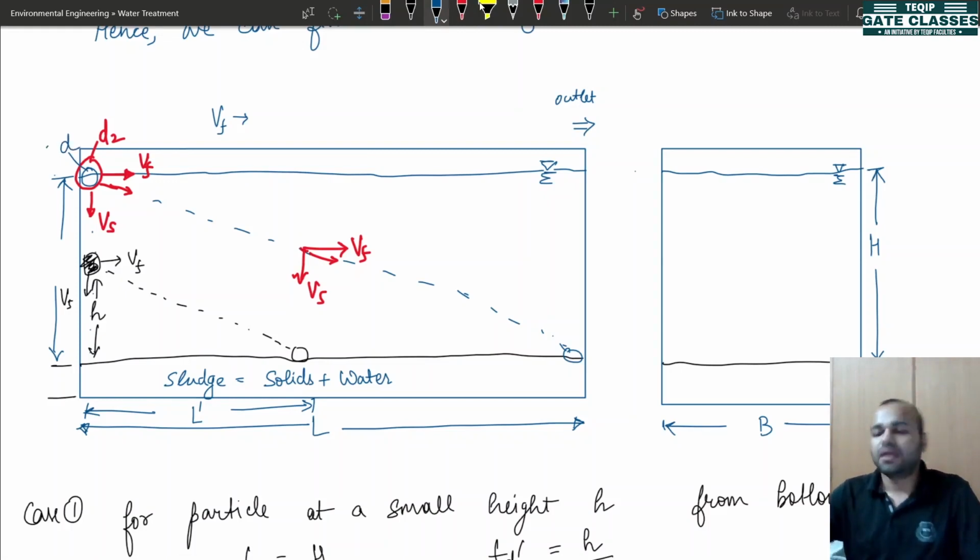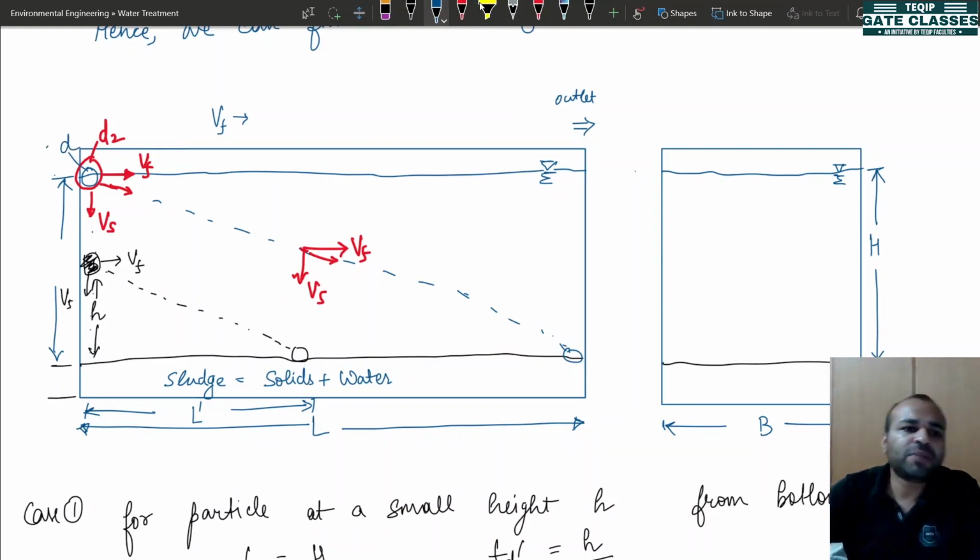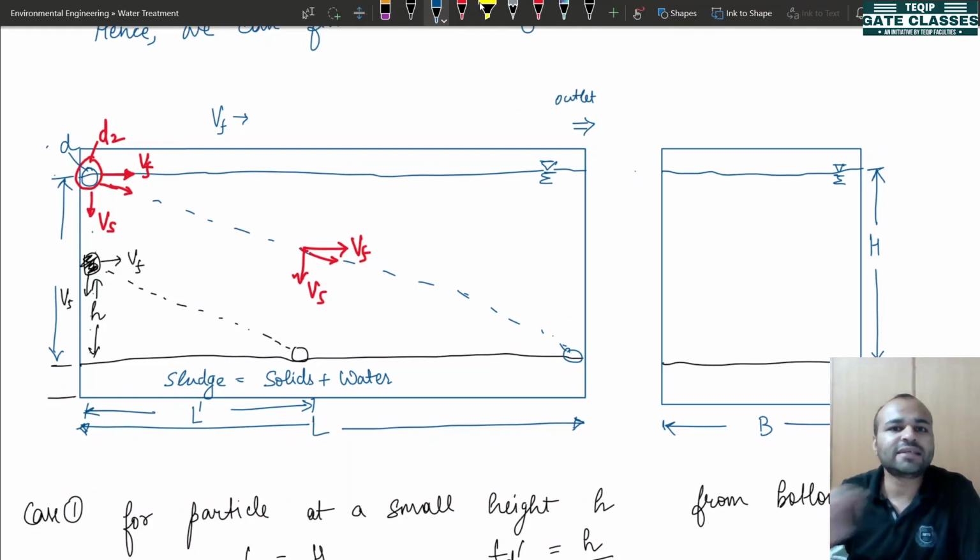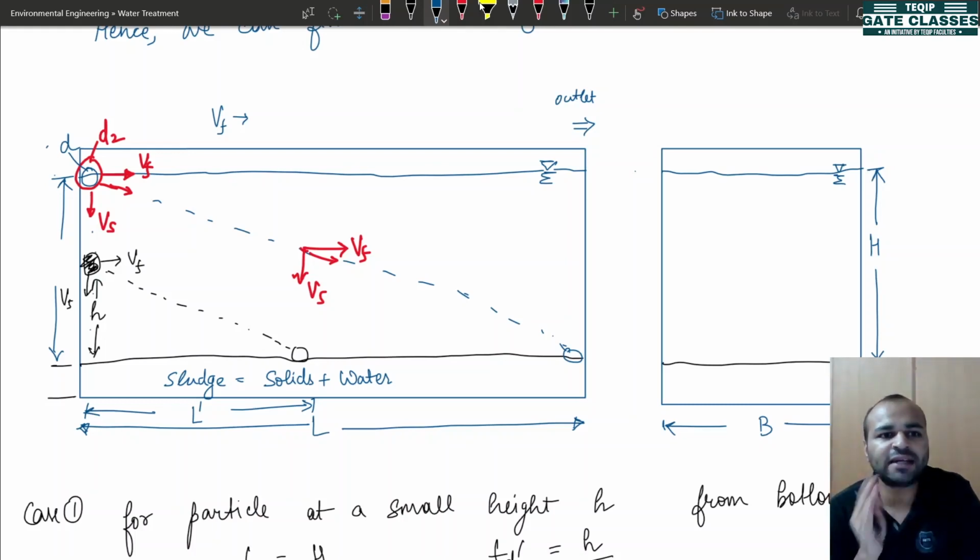Okay. Now according to you, what will happen? See, if the diameter is large, then its volume will be large. Considering that the density is same, if the density is same and dia is large for D2, then what will be the effect on weight? The weight for the D2 particle will be larger than for D. Now if the weight is larger, then it will settle down quickly.